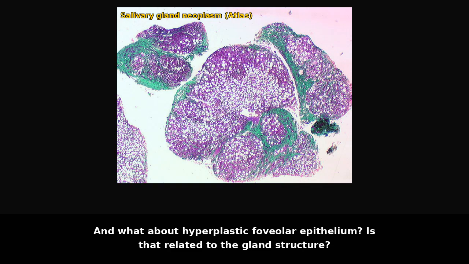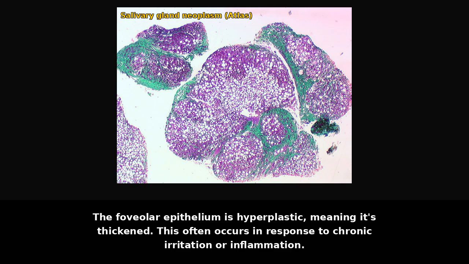And what about hyperplastic foveolar epithelium? Is that related to the gland structure? The foveolar epithelium is hyperplastic, meaning it's thickened. And this often occurs in response to chronic irritation or inflammation.